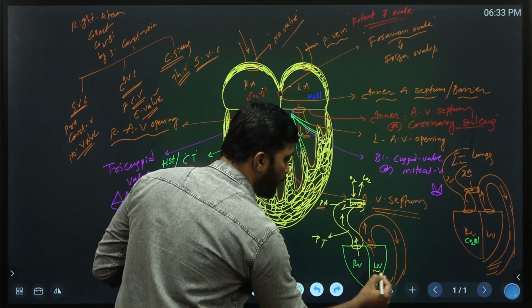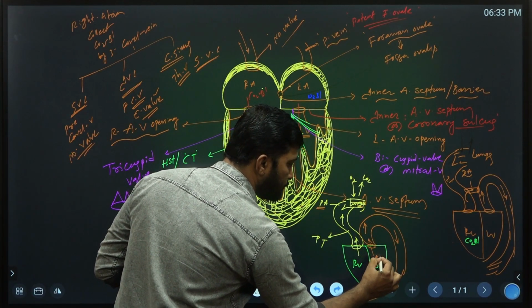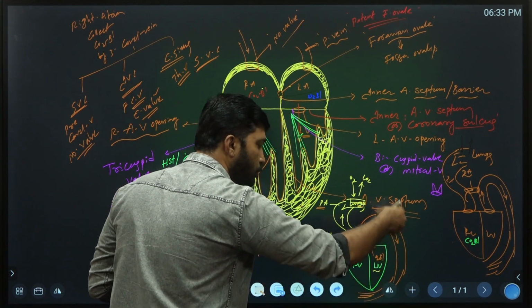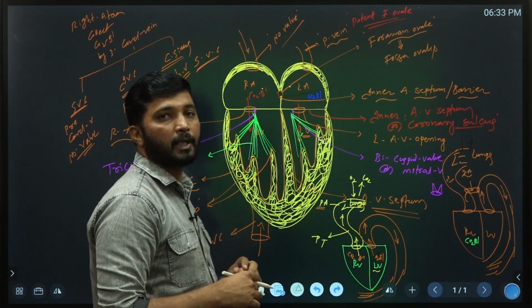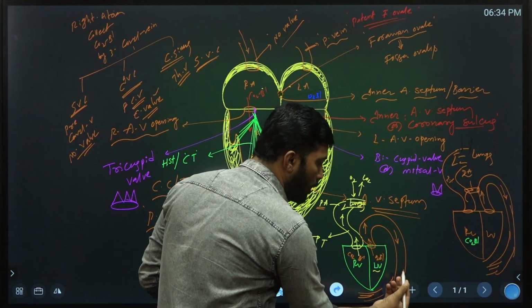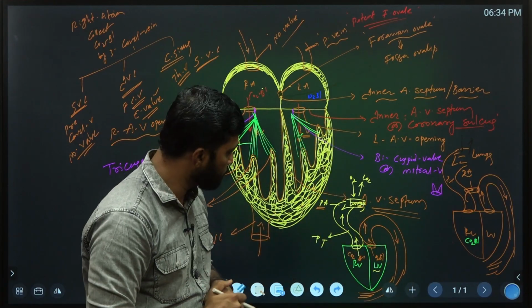And next, the left ventricle pumps oxygenated blood towards the systemic body capillaries by the ascending and descending aorta, arteries, arterioles and the capillaries, right.